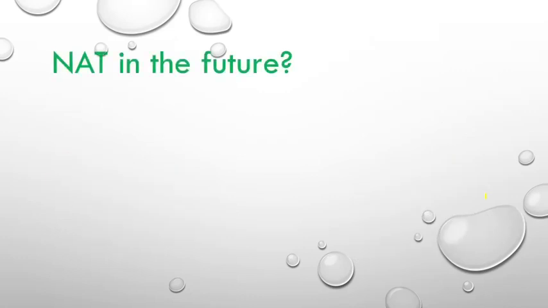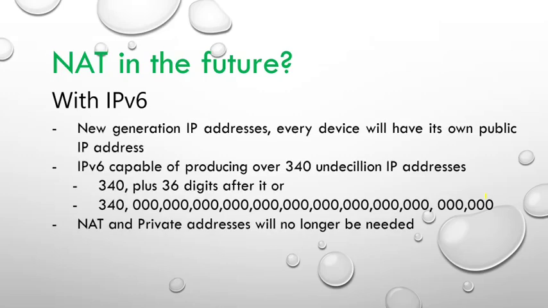So what is the future of NAT? With IPv6 as the other version of our IP addresses, there will no longer be NAT because with IPv6, as the new generation of IP addresses, every device will have its own public IP address.